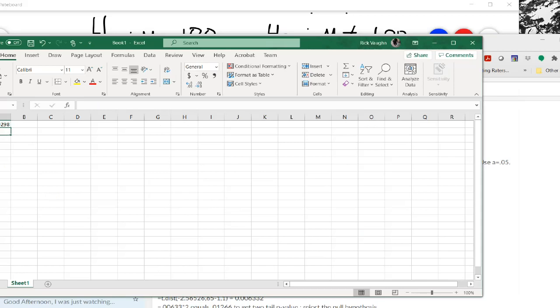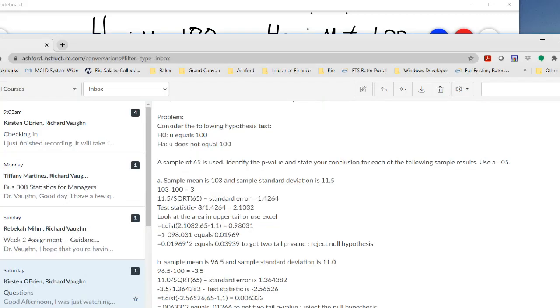Now I can, on that line or on a different line, do equals 1 minus that left area. That gives me the right area. And then my p-value is going to equal just double that: 2 times 0.019702, to get that p-value of 0.039403.